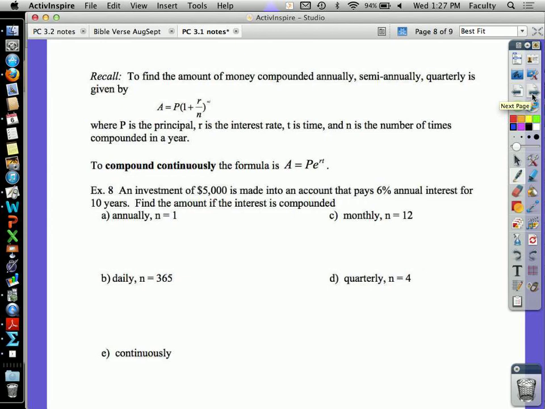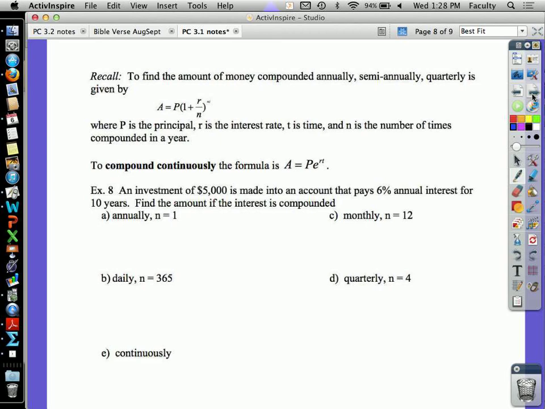All right, recall. Now we're going to shift gears a little bit more. Remember, if you are compounding money, you use A equals P times the quantity 1 plus r over n to the nt power. If it's compounding continuously, you're going to use Pert. Alright, so I know a lot of you have a program for both of these. Let me tell you my minimum expectation.